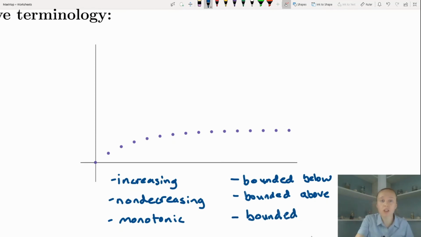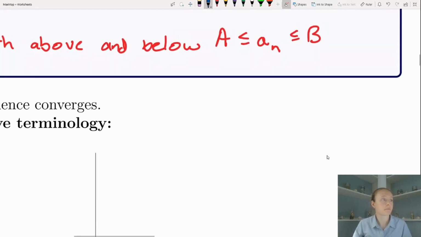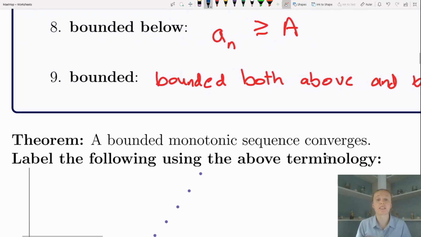Now quickly, I want to note I skipped over this one statement up above because I thought we needed to see a picture to really get an idea of it. But if we scroll back up, we have this theorem that says a bounded monotonic sequence converges. So think about it.